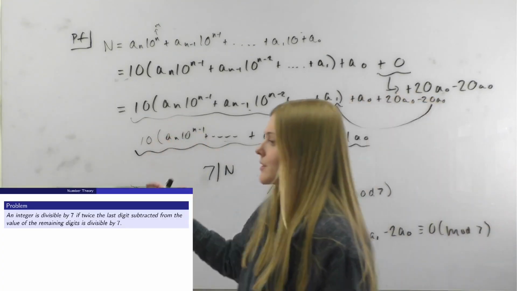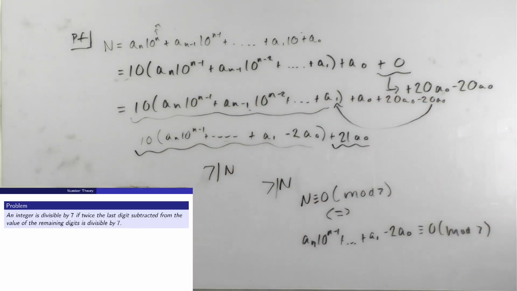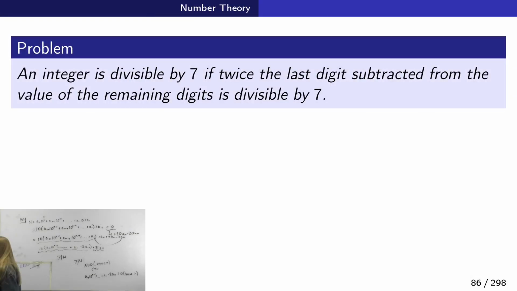Maybe make it big so people can read it again: an integer is divisible by 7 if twice its last digit subtracted from the value of the remaining digits is divisible by 7. So this is exactly what the theorem statement is saying. It just looks a little funky.